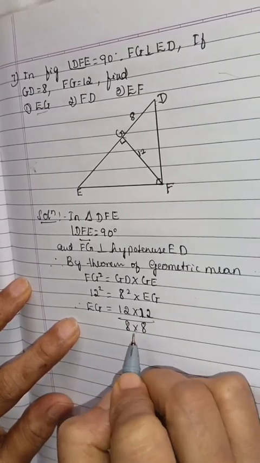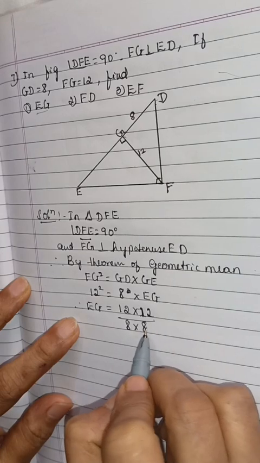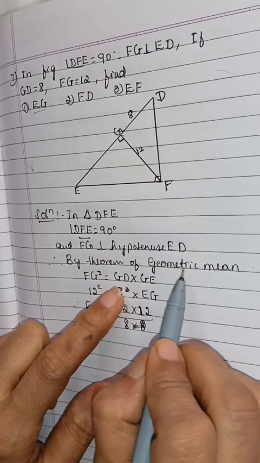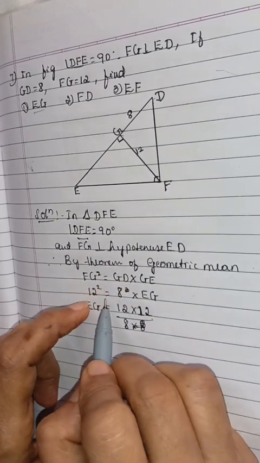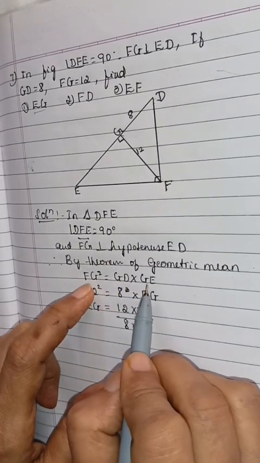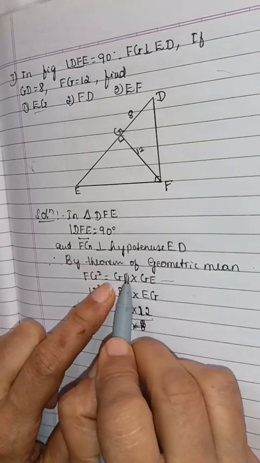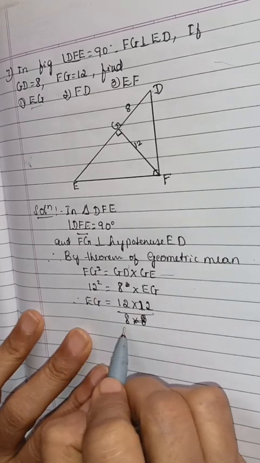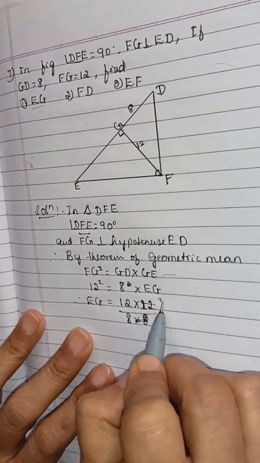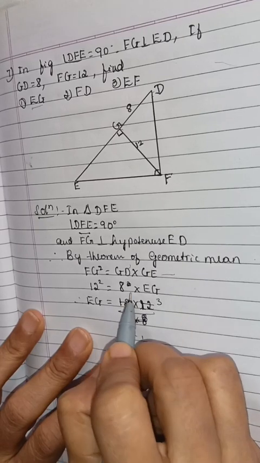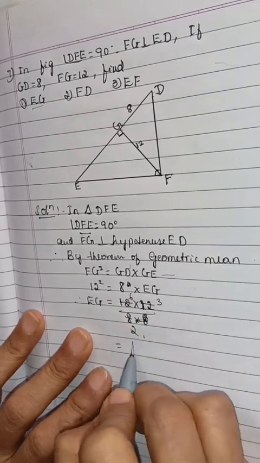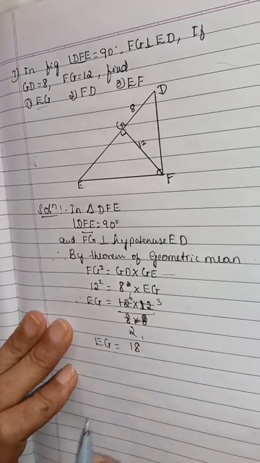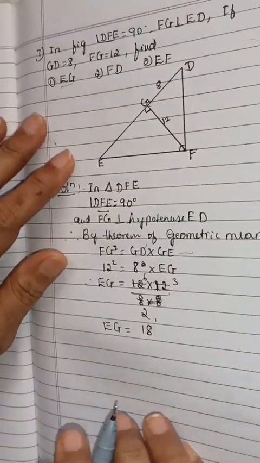Again, see, I made a mistake. This is not a square here, only 8. This is the geometric mean theorem formula, not a square, so don't make a mistake. Only 12 square. So 6 times, 6 threes are 18. So EG is 18. Now we have to find out FD.